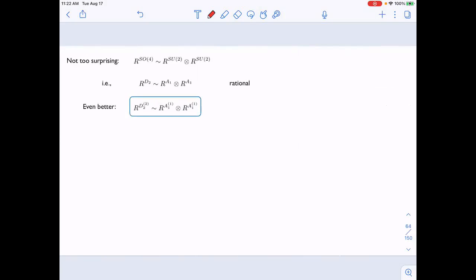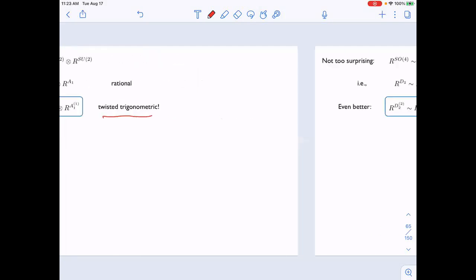What's even better, I think quite remarkable, is that the R matrix for the twisted D2, which is the one that's in play here, is equal to the tensor product of two copies of the A1^(1) R matrix. So now we're talking about the twisted trigonometric R matrix, the one that we're looking at here.